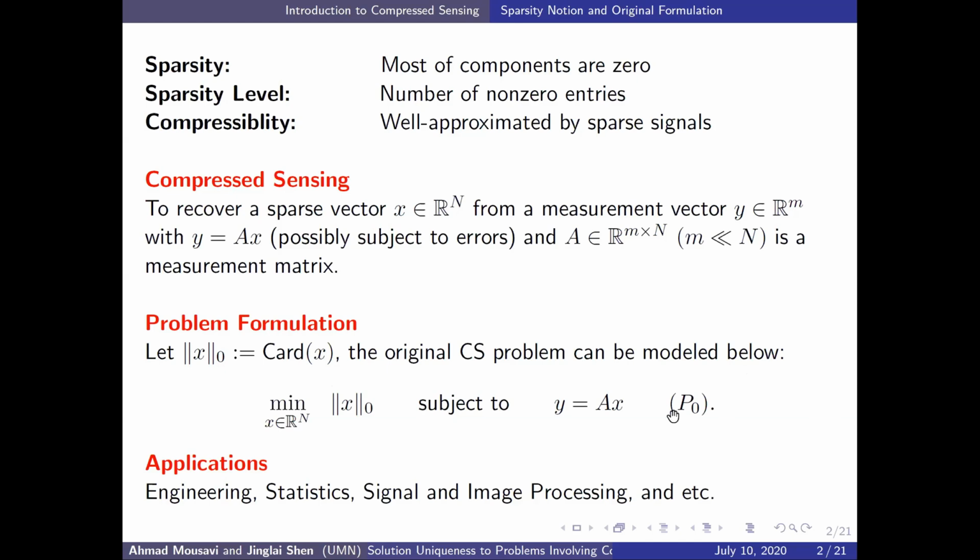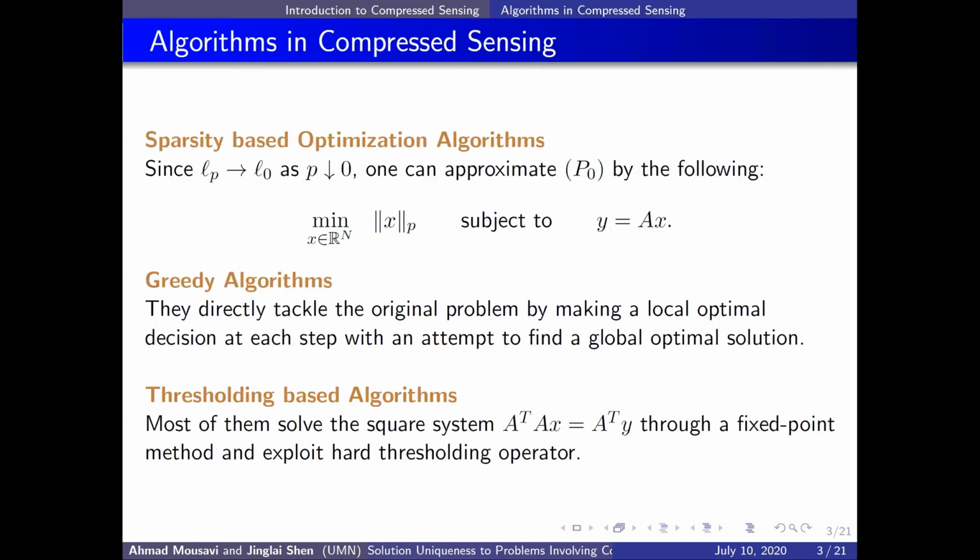So this problem is the original compressive sensing problem, and it has lots of applications in, for example, signal processing, image processing, but it is NP hard. There are three categories of algorithms in compressive sensing to tackle the original problem.